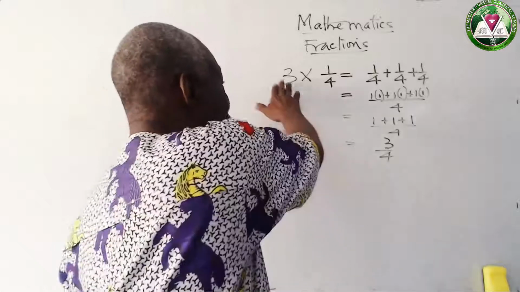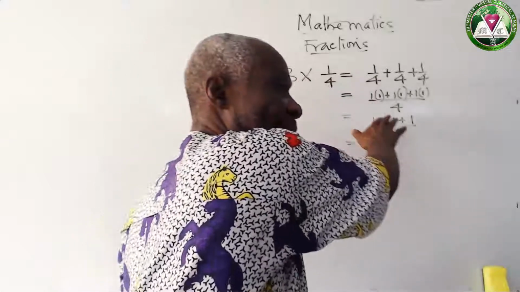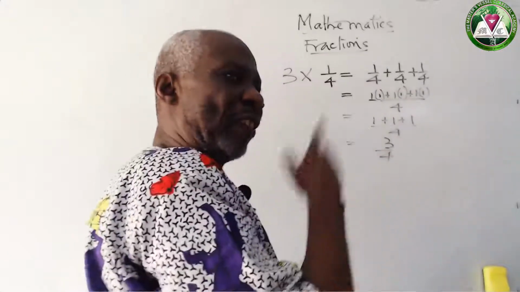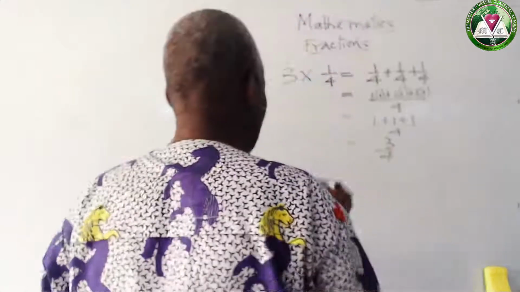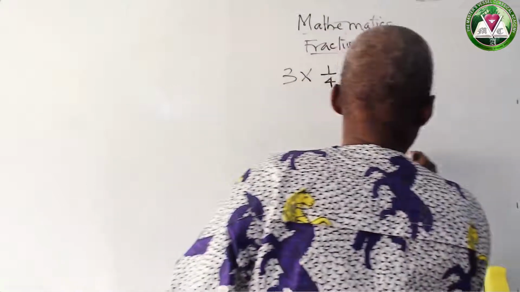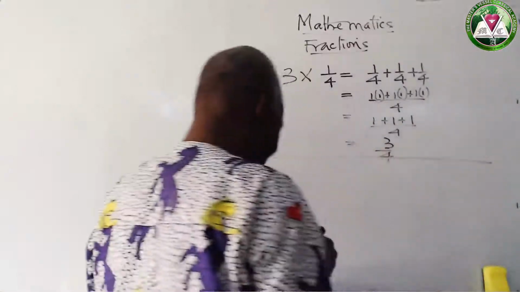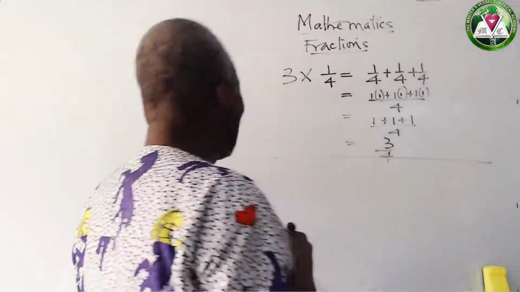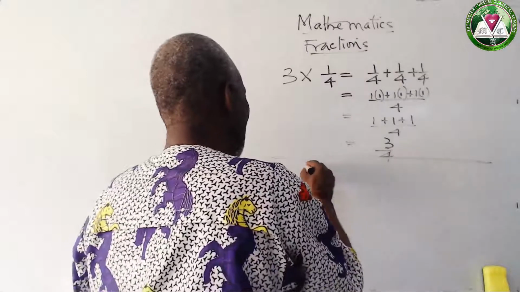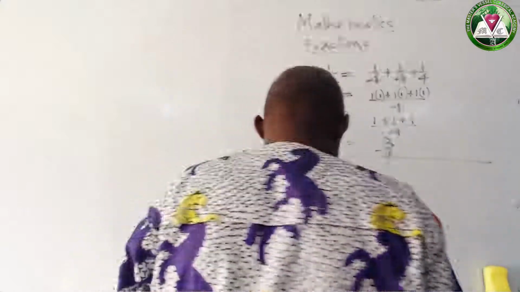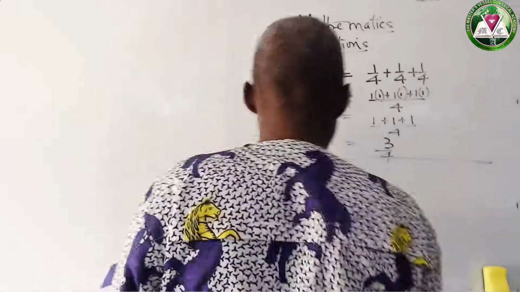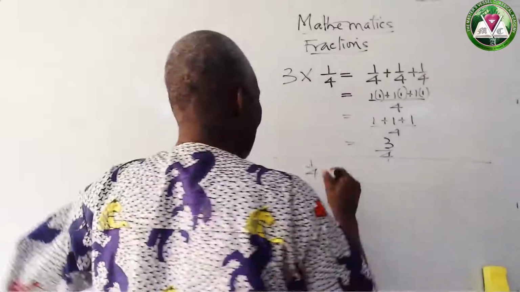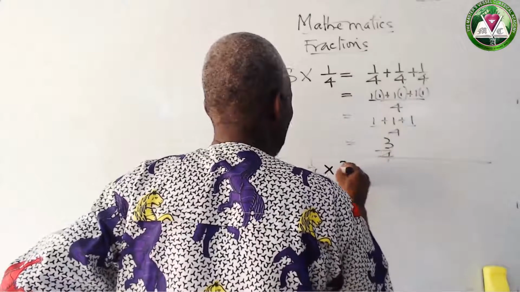Let's see whether this type of thing can also hold when we have fraction multiplying fraction. You see, whole number multiplying fraction. Let us see fraction multiplying fraction, whether what we have now can also hold. I now have 1 over 4 multiplied by 2 over 3.